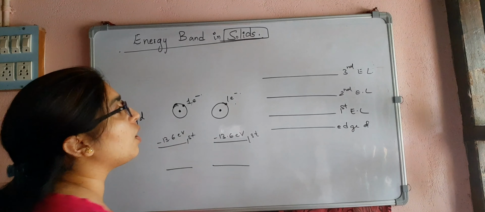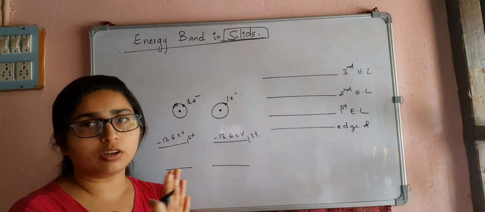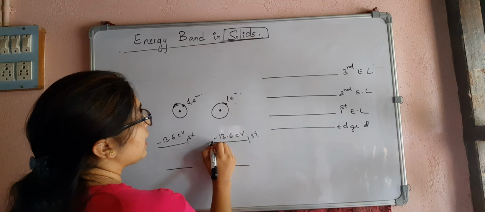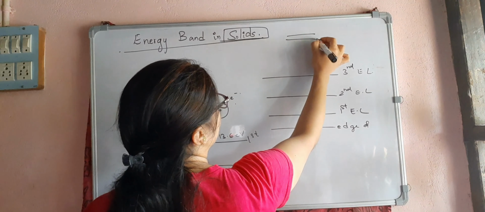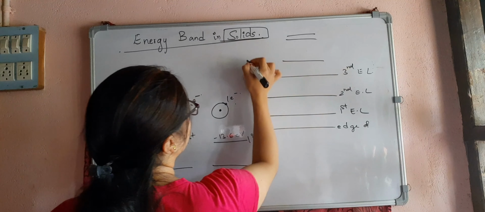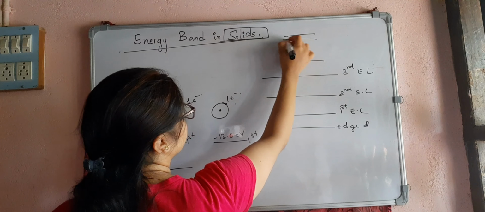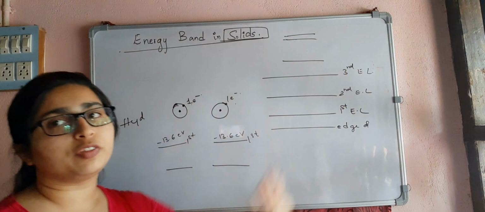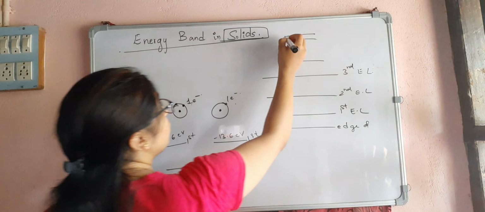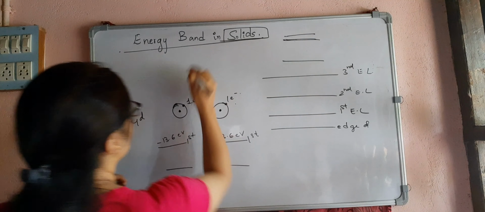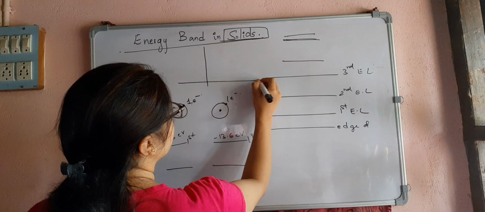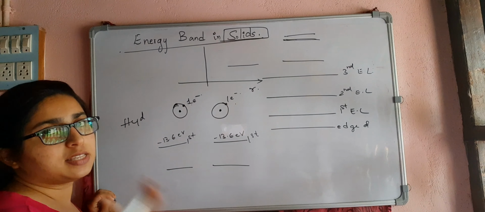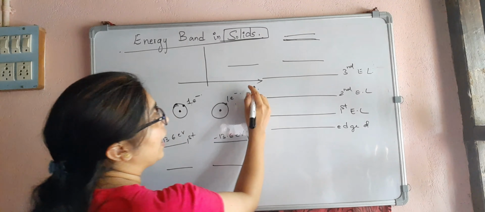But when these two hydrogen atoms are brought together, this energy level splits into two. That means this electron can occupy any one of the levels. While explaining the diagram, they say this is the interatomic distance, that is the distance between the two atoms.